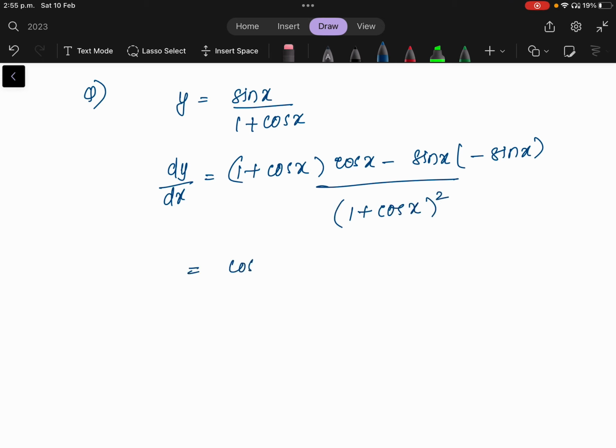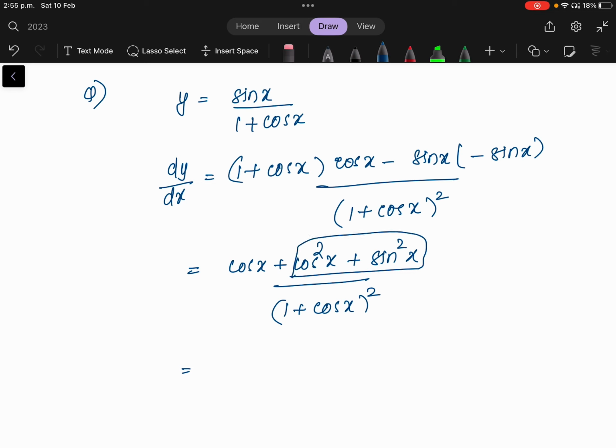So then you can simplify this as cos x plus cos squared x plus sin squared x divided by 1 plus cos x the whole squared. Now cos squared x plus sin squared x is equal to 1. So it is cos x plus 1 over 1 plus cos x the whole squared.